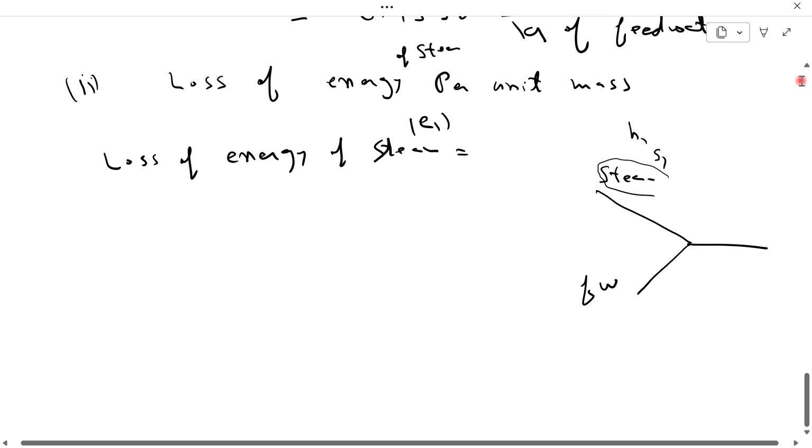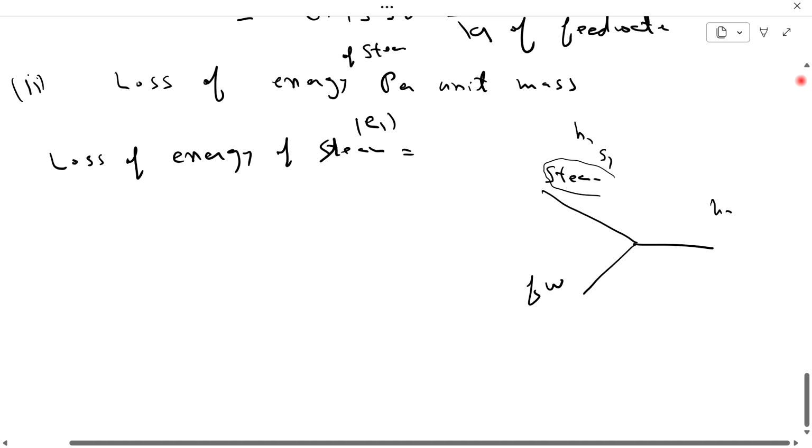At the exit the enthalpy is H3 and entropy is S3. So loss of exergy of steam is equal to H1 minus H3, minus atmospheric temperature T0 into S1 minus S3.